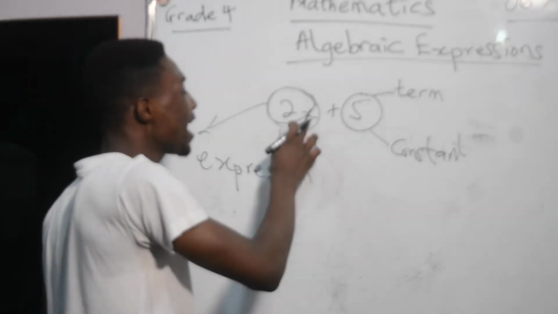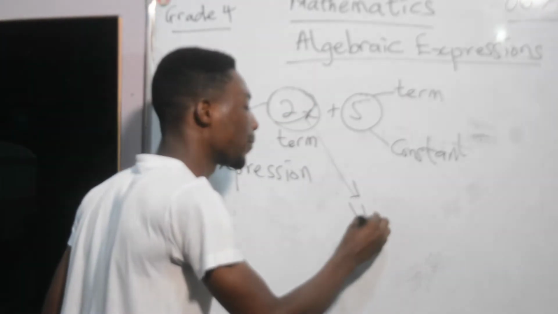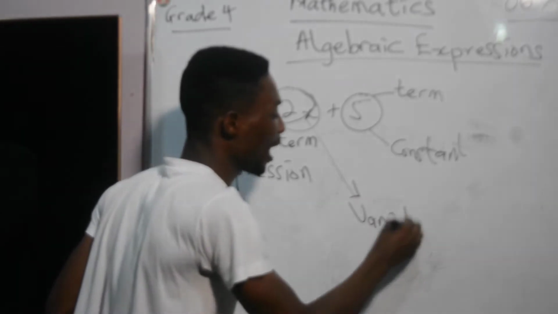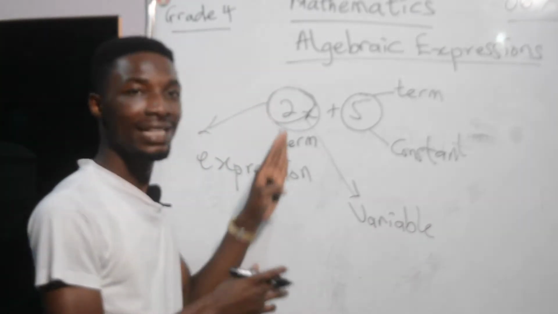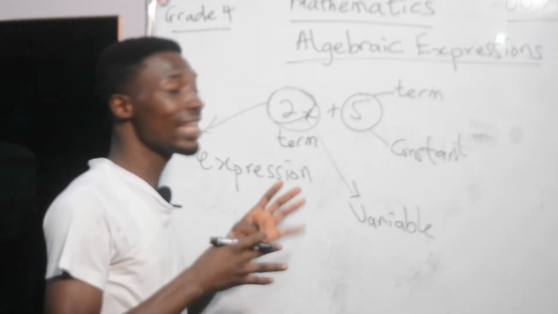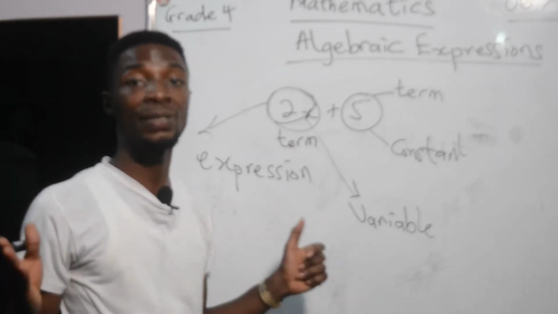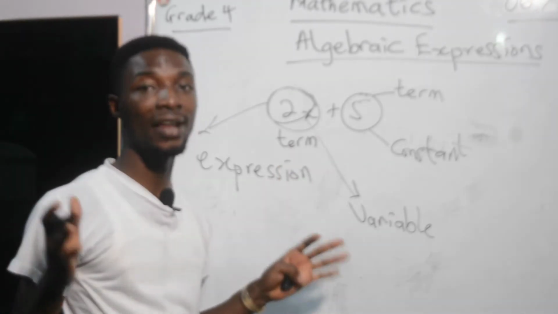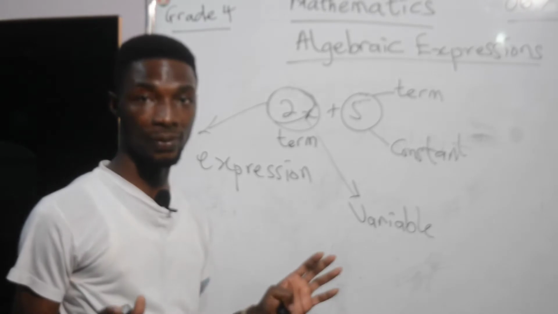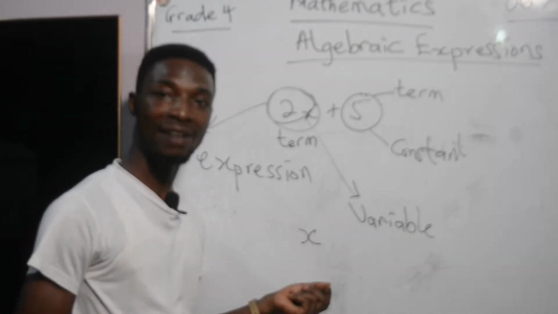The letter that is attached to a number in an expression is called a variable. A letter that is attached to a number is called a variable. Or even if the letter is not attached to a number, it is still called a variable. But in algebra, letters do not stand alone. They are always attached to numbers. For example, if I write x, it doesn't mean I have x.